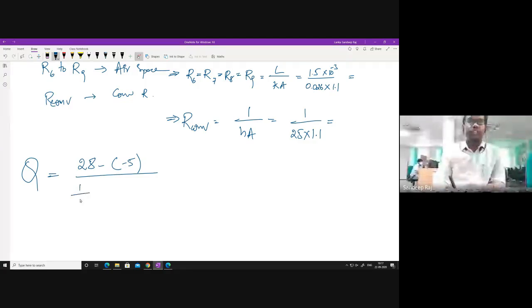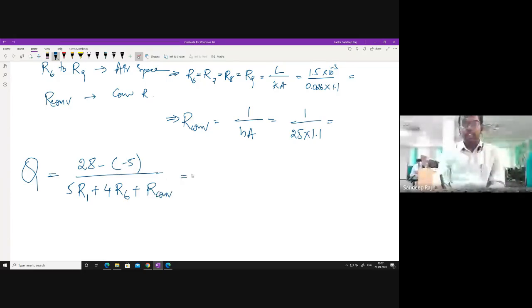It's not 1 by R1, it is R1. R1 5 times plus R6 4 times plus resistance due to convection.